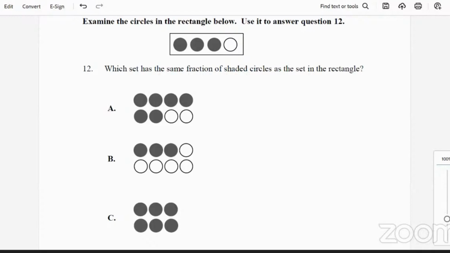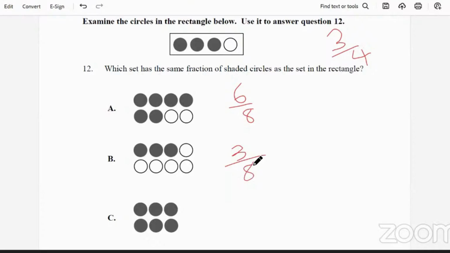It's now telling us to look at the different options to see which set has the same fraction of shaded circles as the set in the rectangle. So remember, this has 3 out of 4 parts shaded. Option A has 6 out of 8. Option B has 3 out of 8.